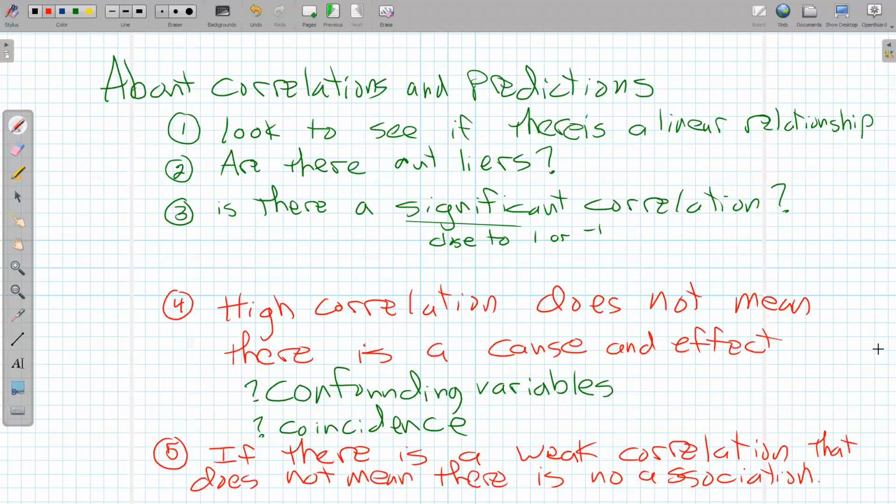It could be that there's some other kind of relationship, like maybe a curve, like an exponential model, not a line. The correlation that we calculate here is only to see if the points kind of line up. There could be a relationship, but it's not a line. Okay, so that's another important thing to think about.